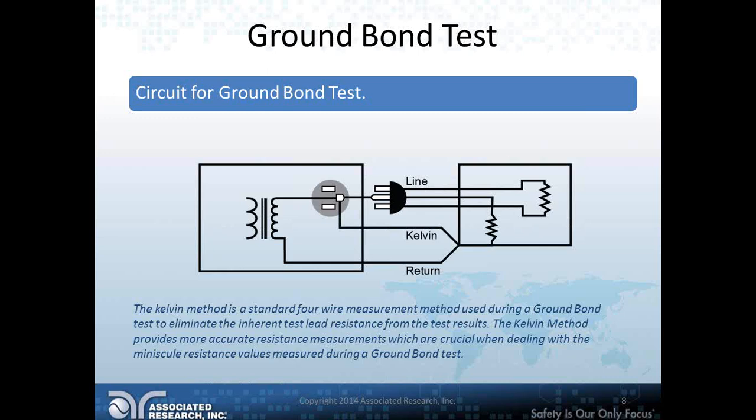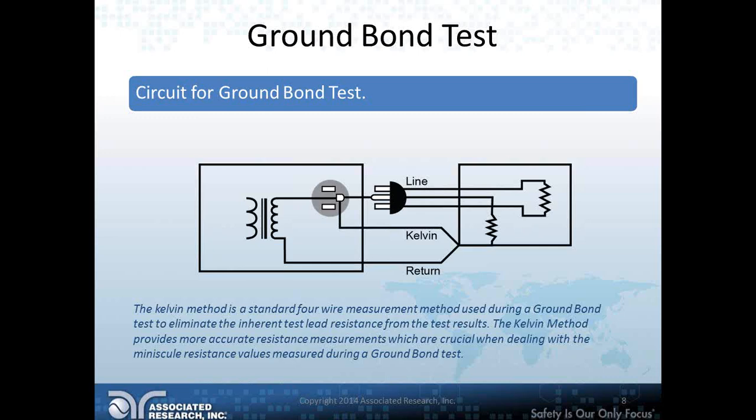The Kelvin method is what is used to measure the resulting impedance of the ground circuit. The Kelvin method is basically a standard 4-wire measurement method used during a ground bond test to eliminate the inherent test lead resistance from the test results.